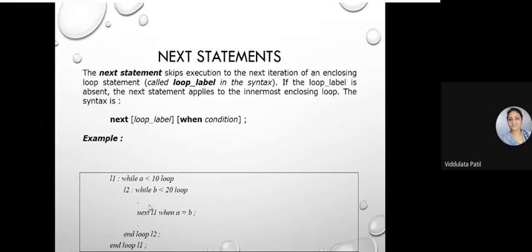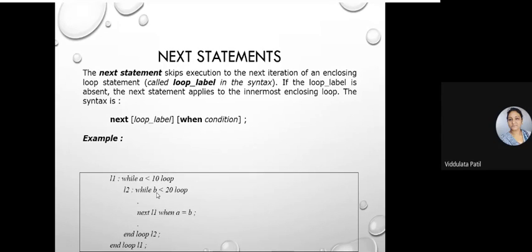Okay, and then there may be certain statements, but here we are specifying one statement, that is next L1 when A is equal to B. That means it will go to L1 when A is equal to B. So it will execute while B is less than 20, calculating the values inside this loop, whatever is present, till A is less than 10.